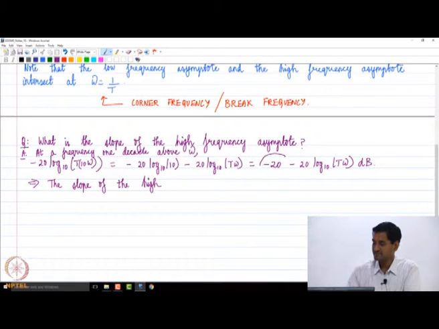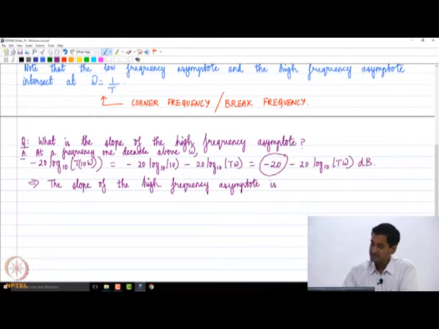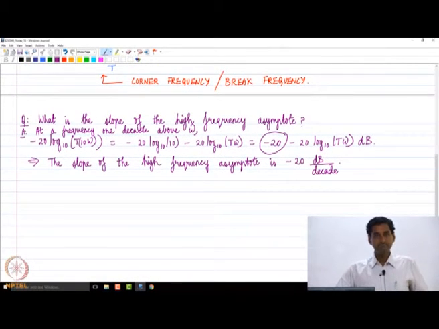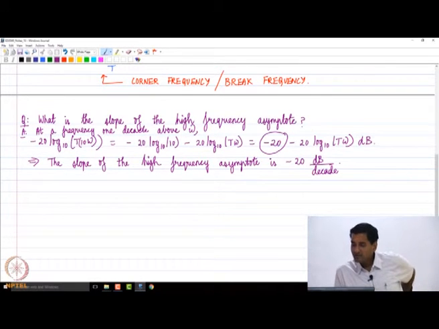Because you are going to have a difference of minus 20 from omega to 10 times omega. So consequently, the slope of the high frequency asymptote is minus 20 decibels per decade, okay. That is what we have.